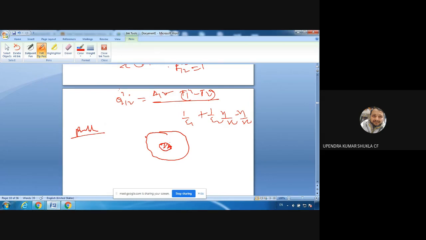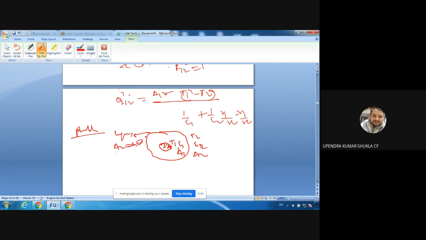Suppose this is T1, epsilon 1 is the emissivity and area is A1, and T2 is the temperature, emissivity is epsilon 2, and area is A2. How do you find it for these surfaces? Since the encompassing surface is a large cavity, A2 tends to infinity.